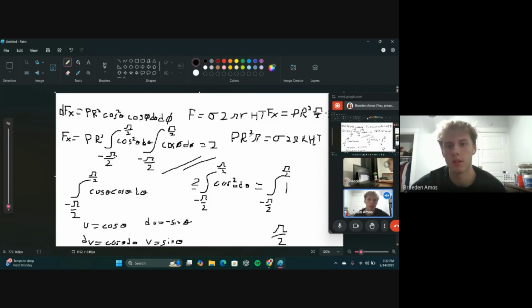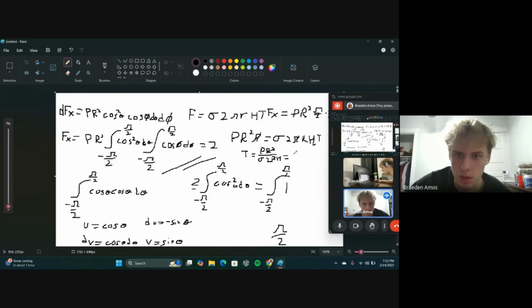So let's divide this side by this side, and then we'll get t equals P r squared over shear stress times 2 times r times h. You can cancel one of these out. So t equals P r over 2 times shear stress times h.